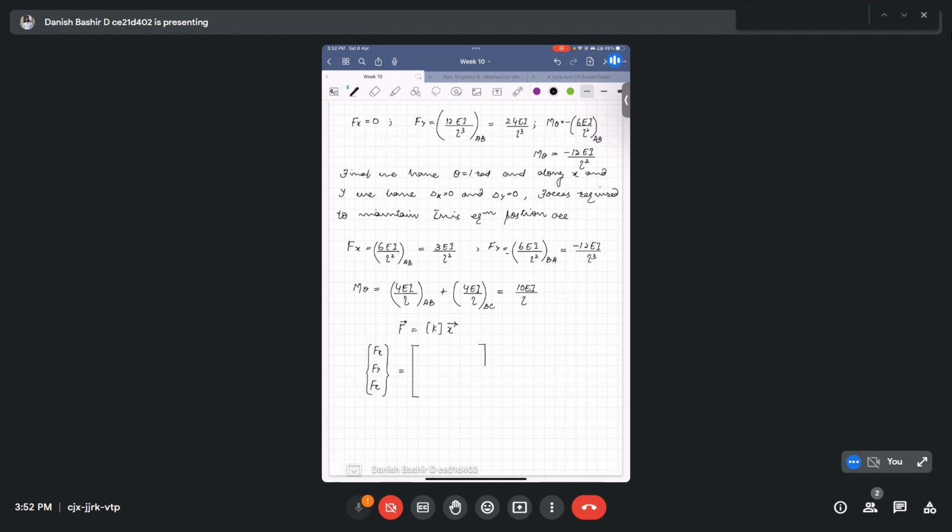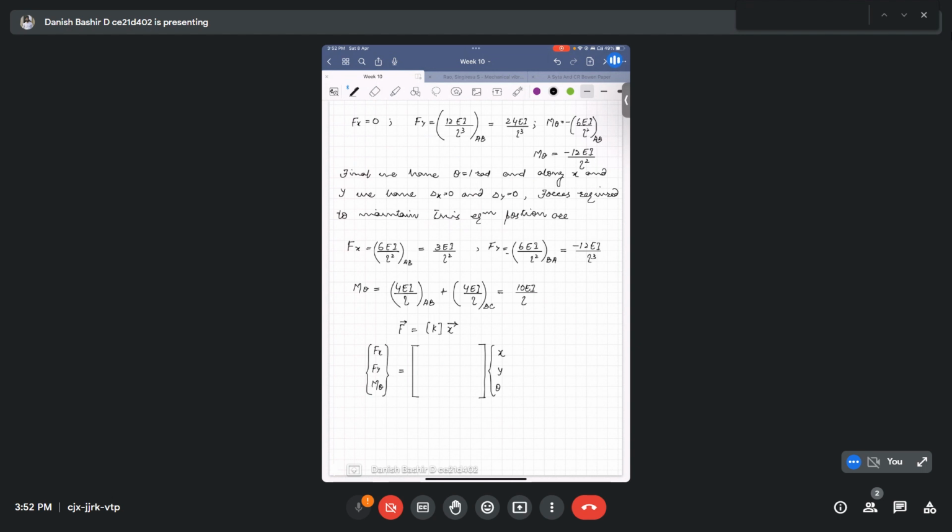K will be this matrix, and this is X, Y, and theta. Sorry, along the theta direction we get moment developed, m theta.